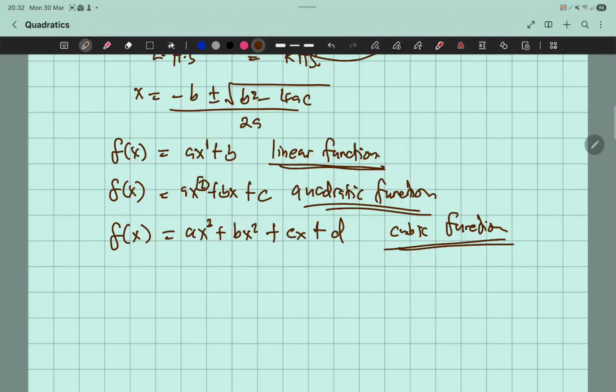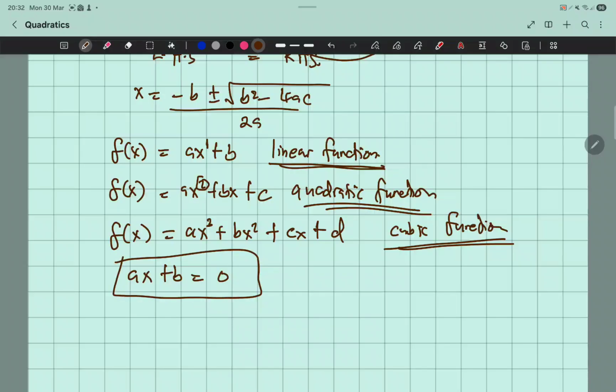So quadratic functions are there, or maybe it becomes an equation when we say ax plus b equal to 0. This is for a linear function. At this point it is an equation, because an equation can actually be solved to get values of x. So in this case, it becomes x equal to negative b over a.